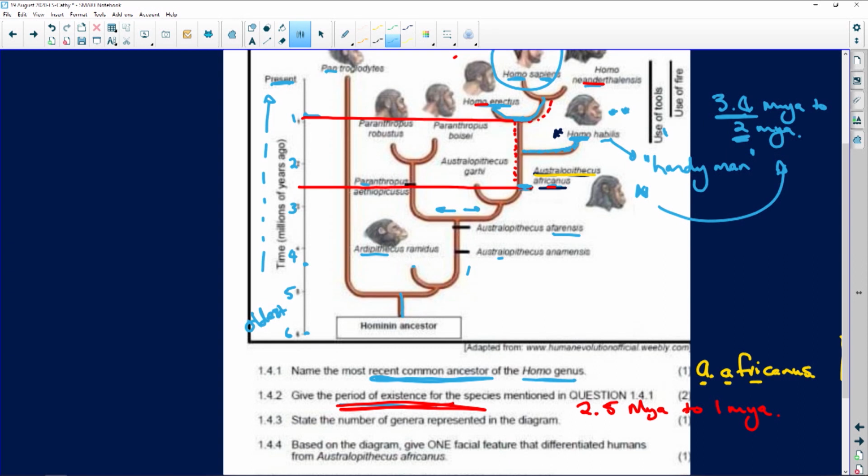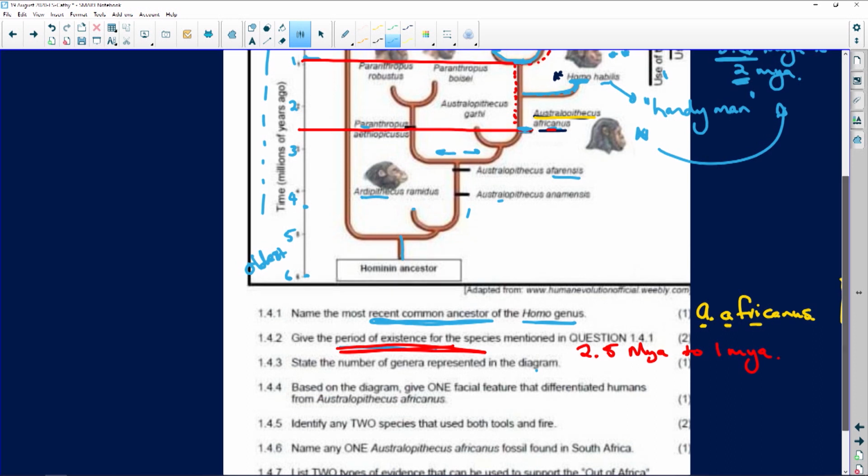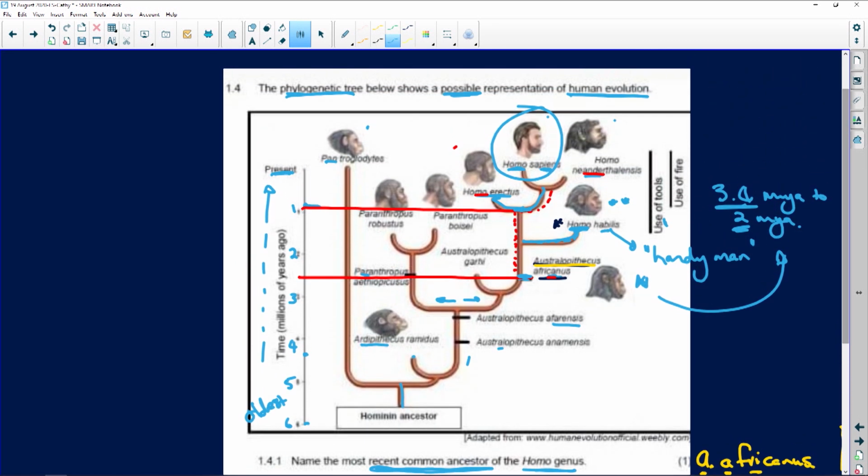All right, now our next question says, state the number of genera, which is your plural for a genus, represented in the diagram. So let's count them. Let me choose another color. Okay, we have, first of all, Ardipithecus. We have Australopithecus is 2. We have Paranthropus is 3.